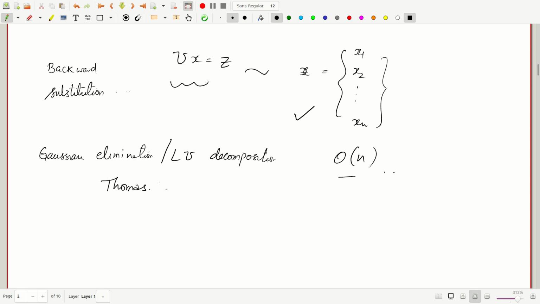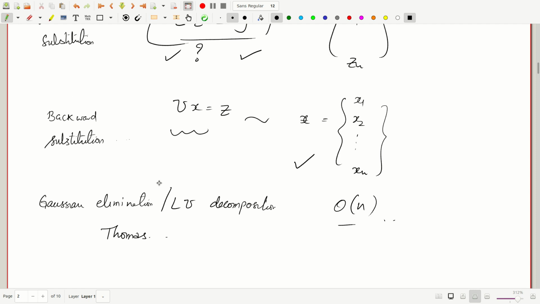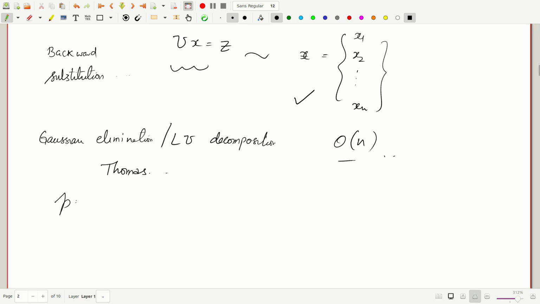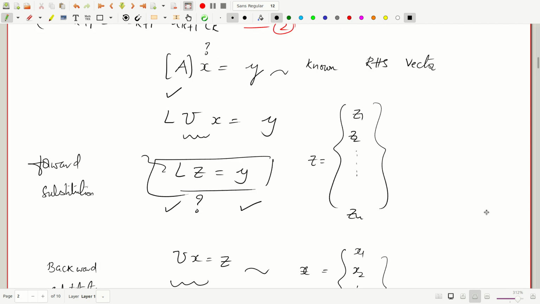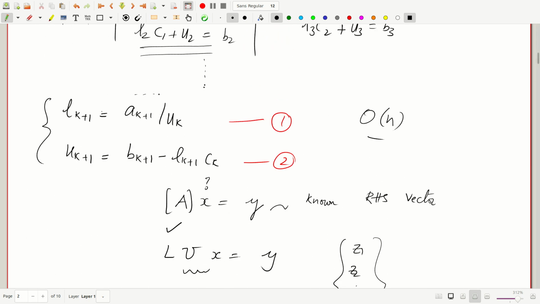The shortcoming is that if you try to calculate this using a parallel program, then we are concerned with either loop carried or data dependencies. So if you go back, the main thing here is these two equations.